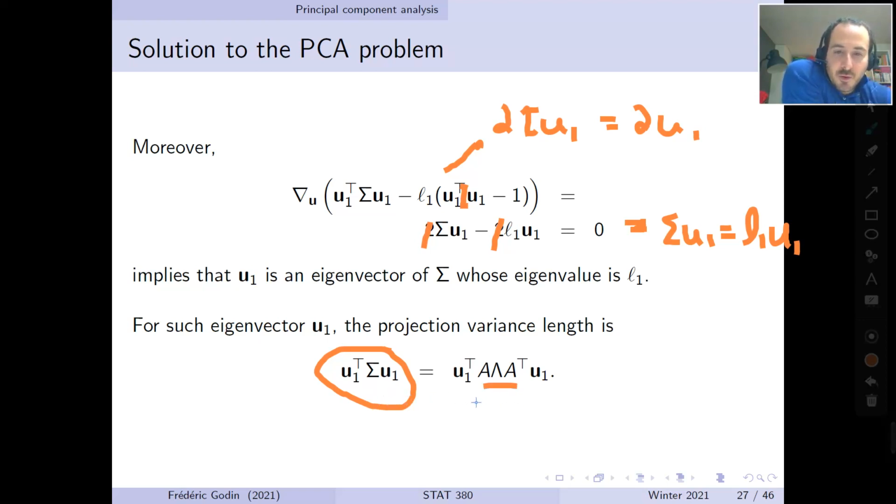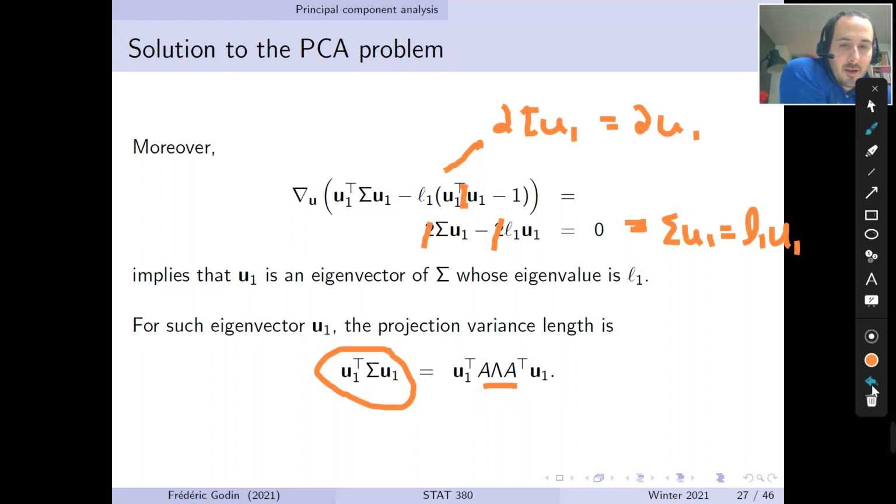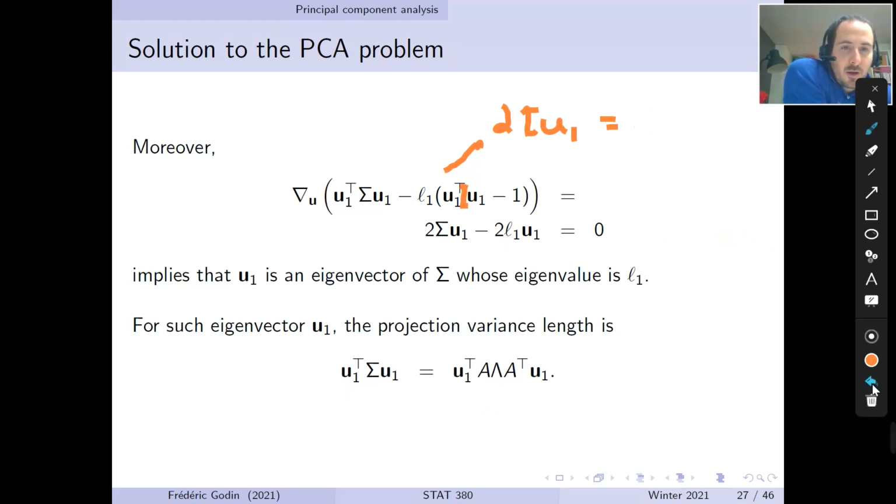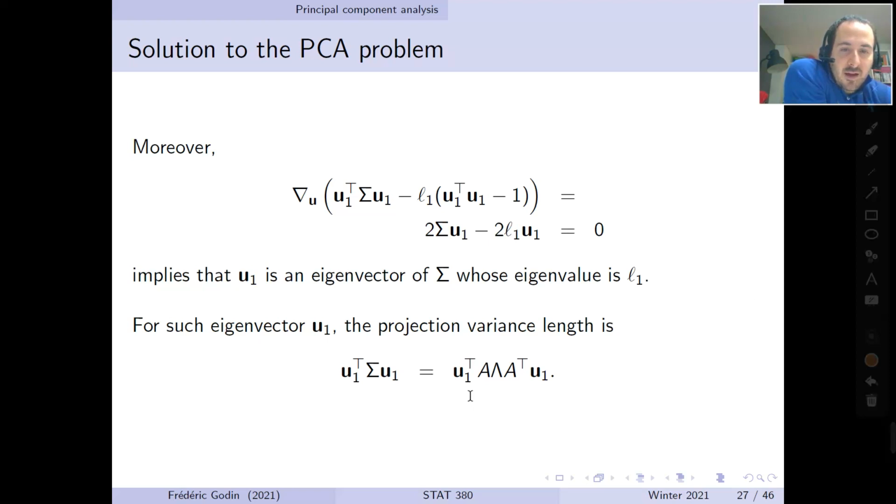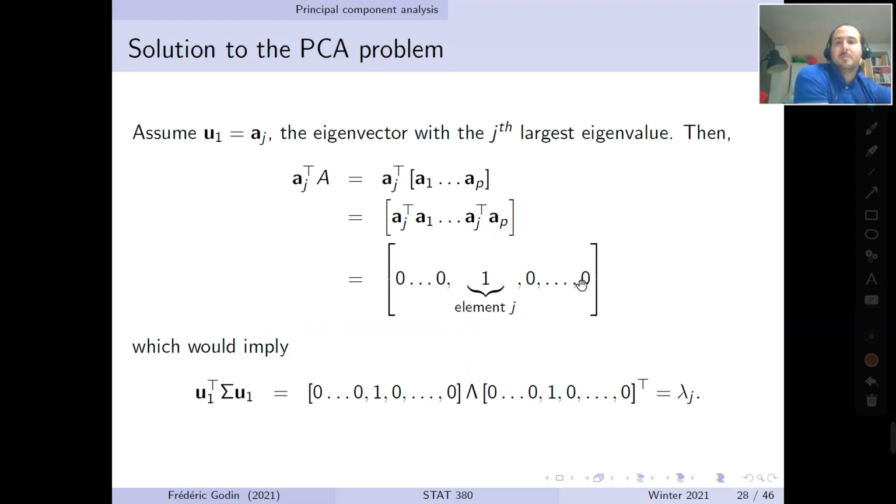So this is equal to u1 transpose a sigma a transpose u1. Basically, to determine which eigenvector we want, we'll try to find the eigenvector and the associated eigenvalue which optimize this expression.